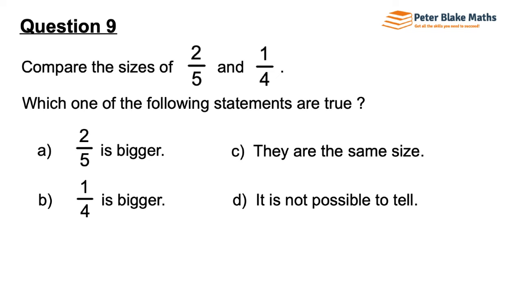Question 9. Compare the sizes of 2/5 and 1/4. Which one of the following statements are true? We have 2/5 is bigger, 1/4 is bigger, they are the same size, or it's not possible to tell.